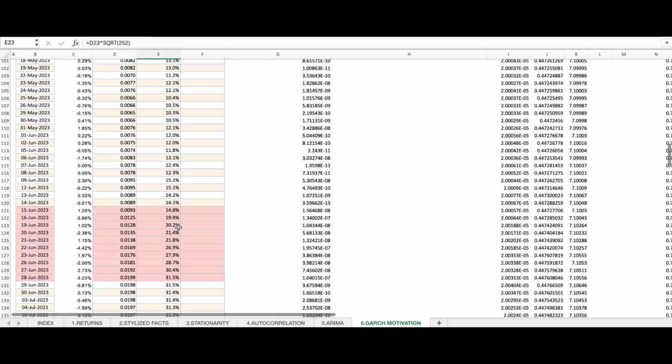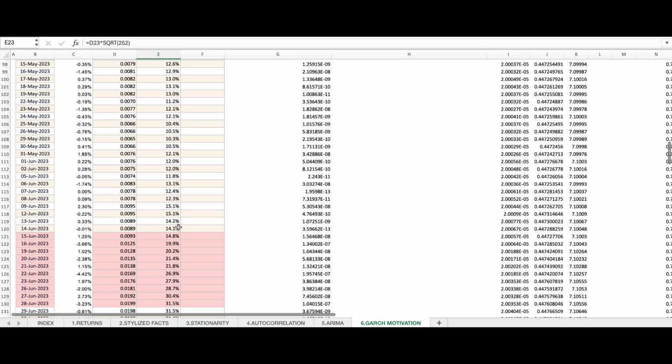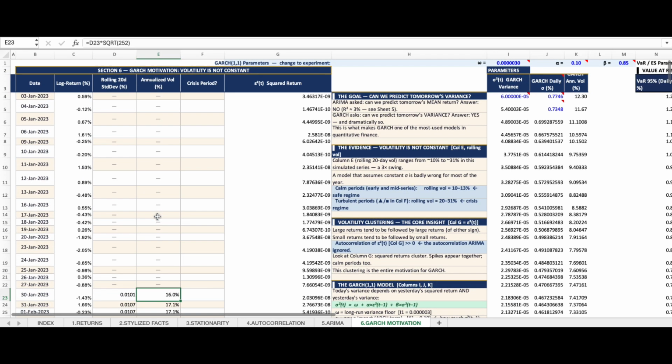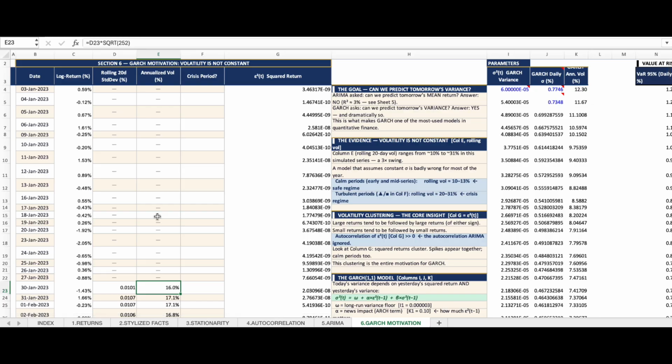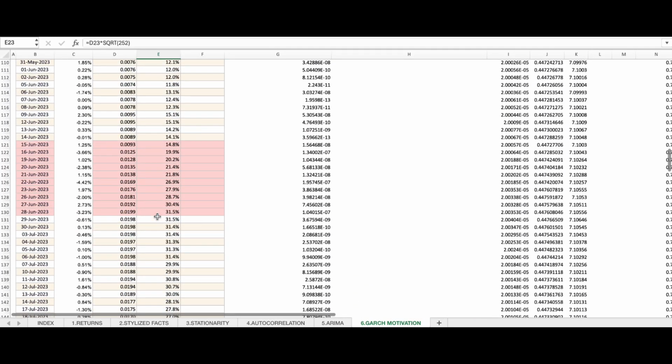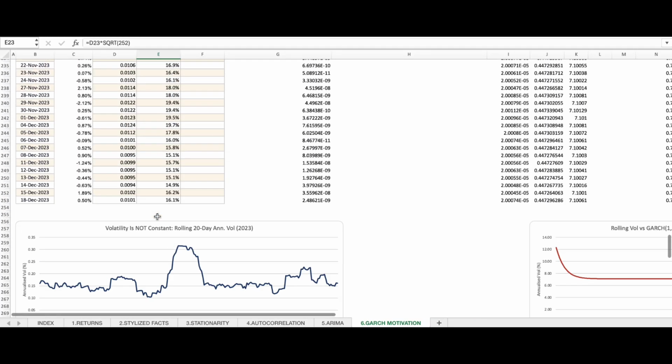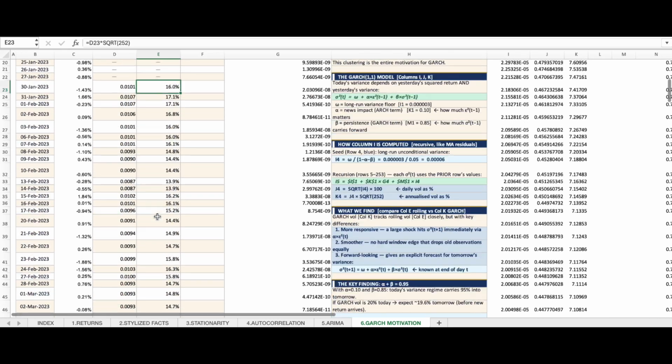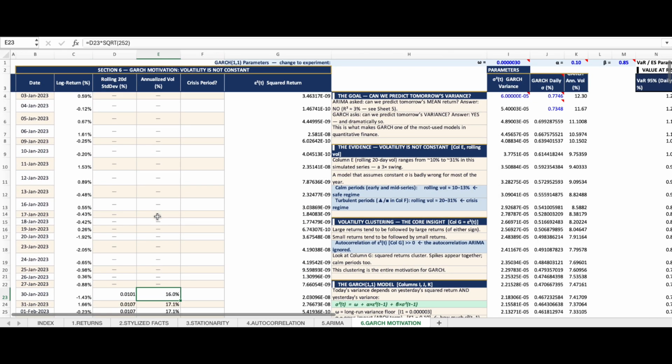A risk model that uses constant volatility, like a fixed historical average, would badly underestimate risk during high volatility periods and overestimate it during calm periods.